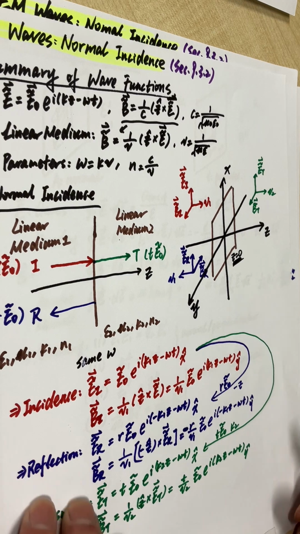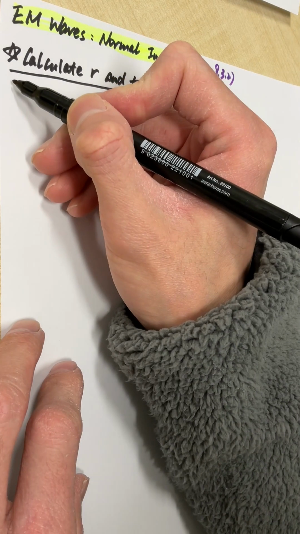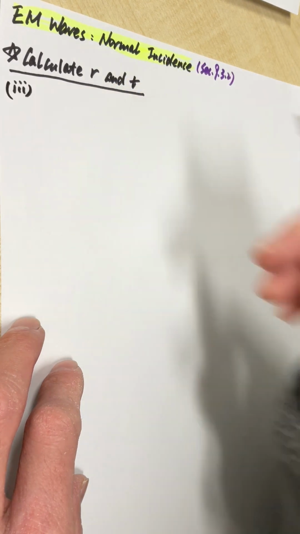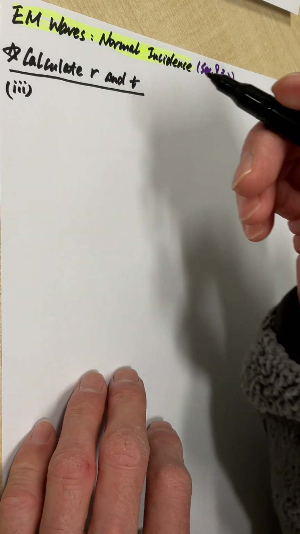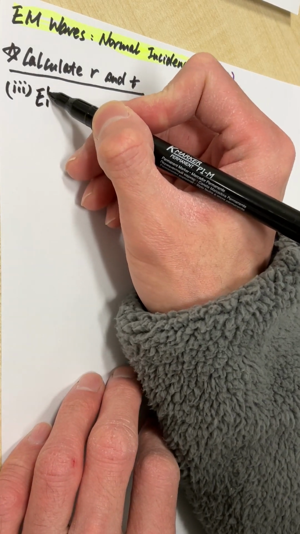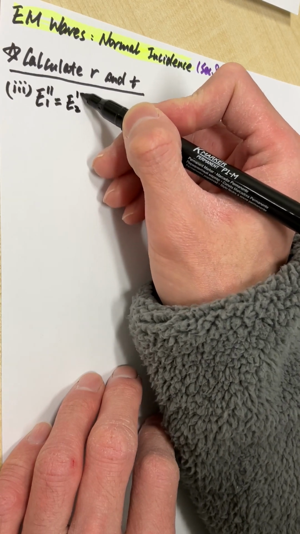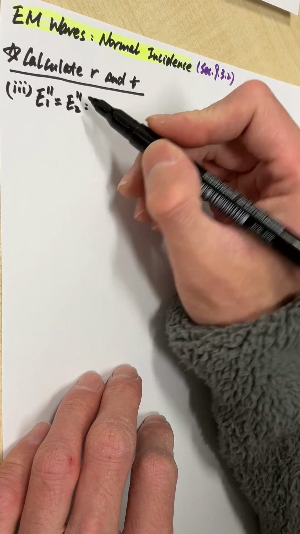So let's write this down. The third boundary condition was that we have E on the left parallel component equal to E on the right parallel component. First step, what does this mean?